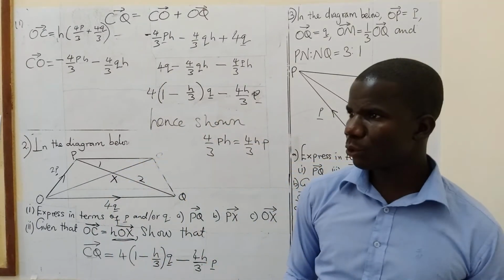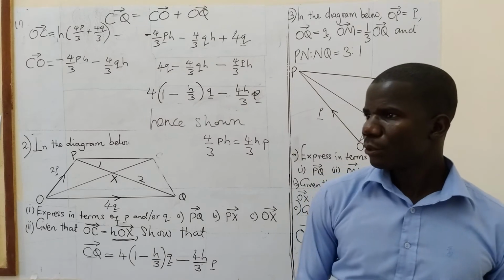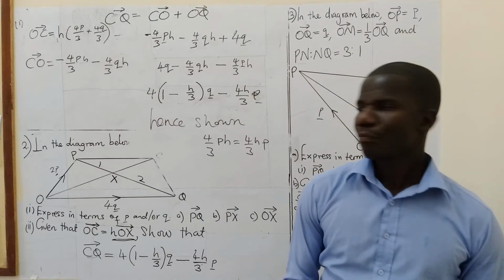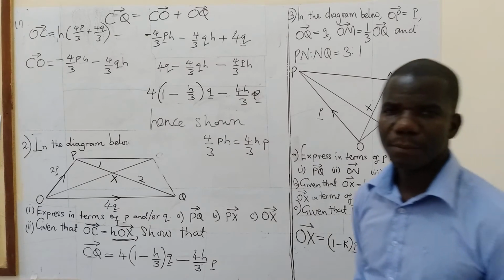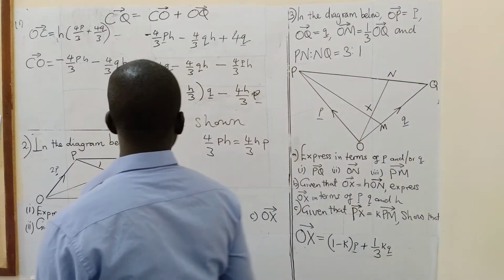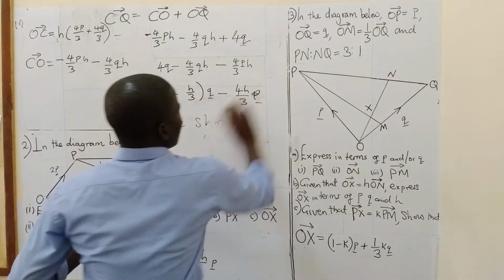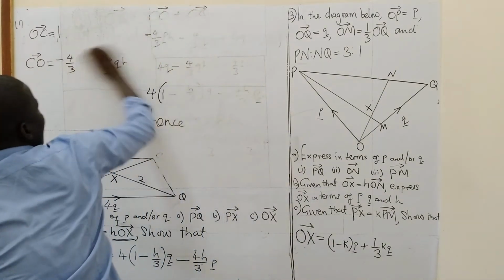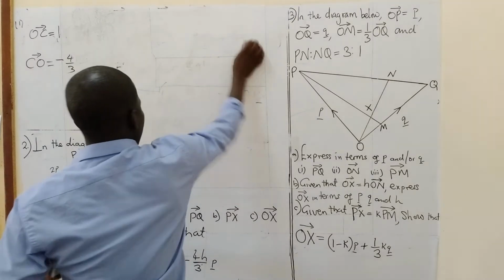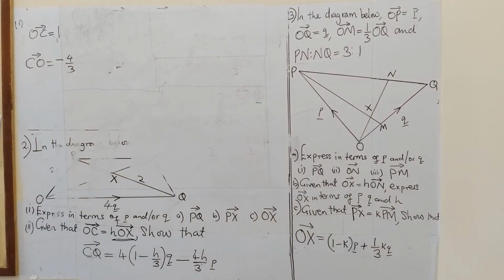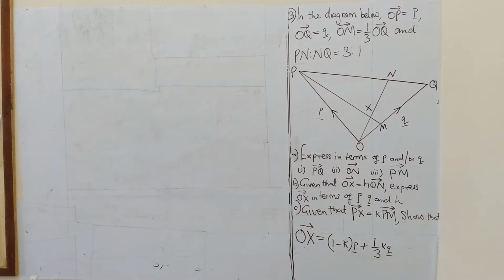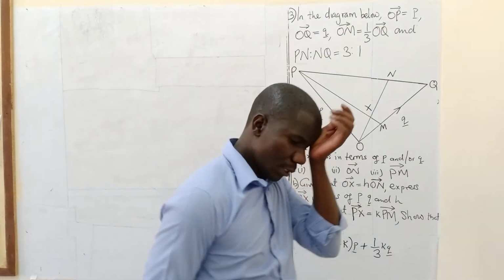So I want us to go to the next question, which is the last one under this lesson, okay? So we are looking at the last one. We can read the question.